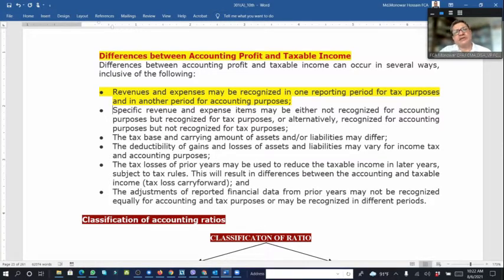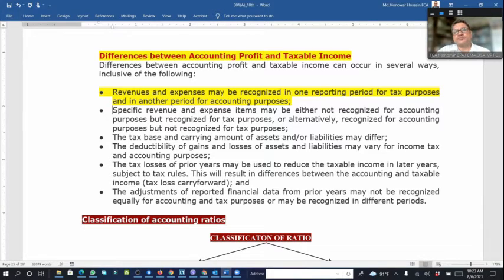So that rate would be different, and that rate changes the difference between accounting profit and taxable profit. When the tax authority goes for the assessment, they first disallow it for separate calculation. So they first deduct depreciation from our calculation, and the tax authority will calculate in a different way.